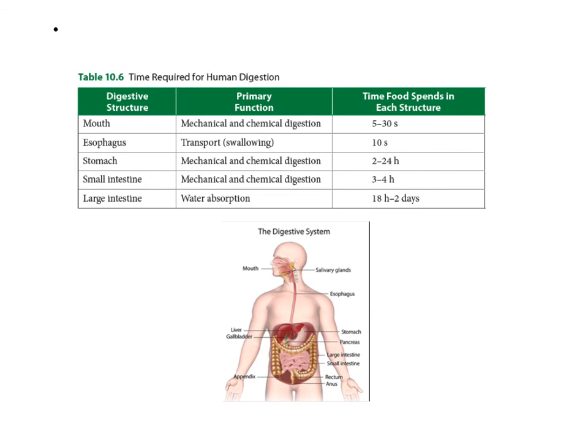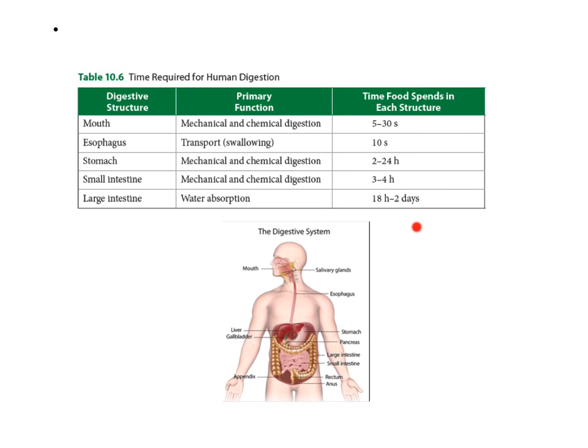Once your food moves into your small intestine, then the digestion and absorption of nutrients is going to be about 3 to 4 hours. And then finally, the water absorption, depending, everybody has a different metabolism. Some people have a bowel movement daily or multiple times daily. Some people have a bowel movement maybe once a week, right?